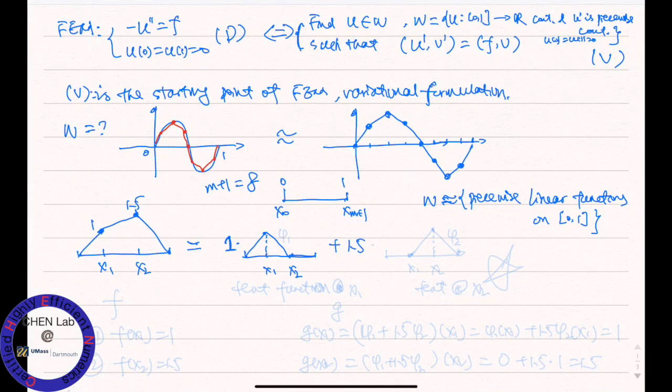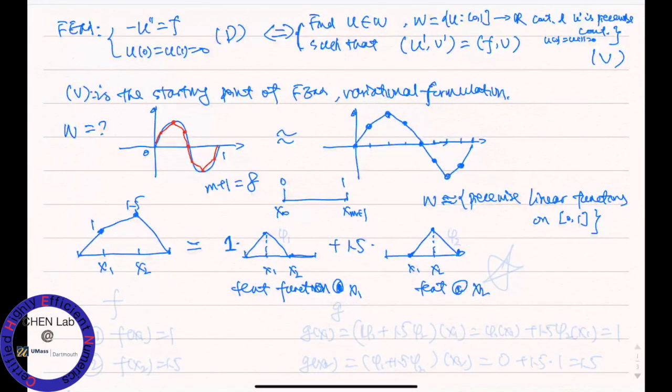Plus 1.5 times the second function, which is equal to 1 at x2, and then quickly goes to 0 for the neighboring points. So this is like a tent. This is the tent function at x1, and this is the tent at x2.